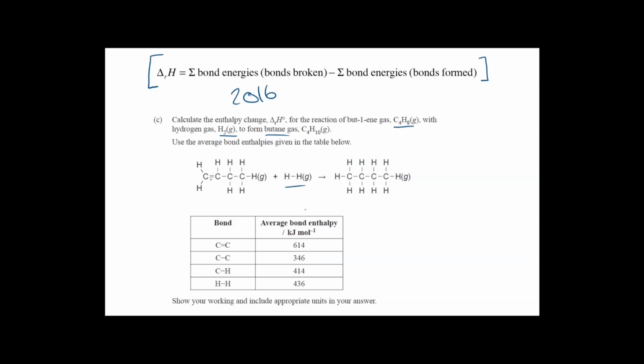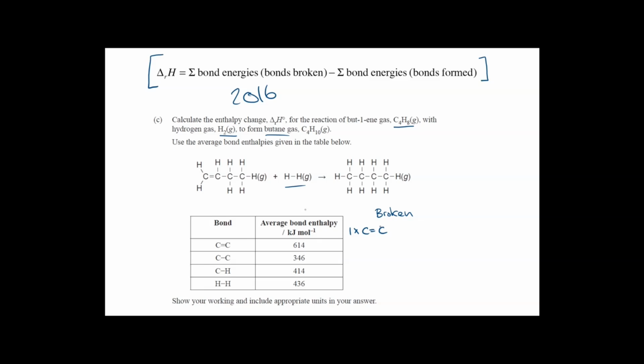So straight off we see a carbon-carbon double bond. So let's call this bonds broken in this one. So how many of them are there? There's one carbon-carbon double bond. Now, be careful. Breaking a double bond is not the same as breaking two single bonds. Different energies.